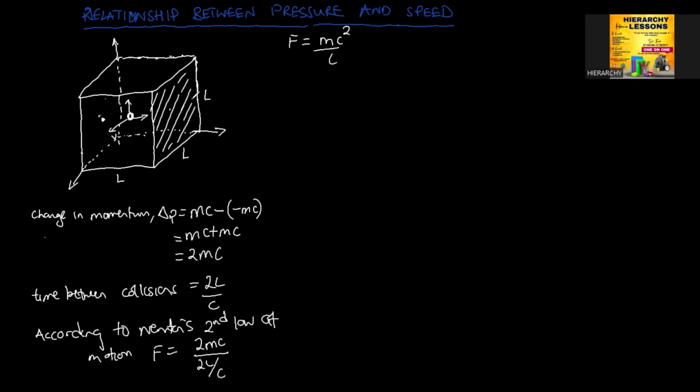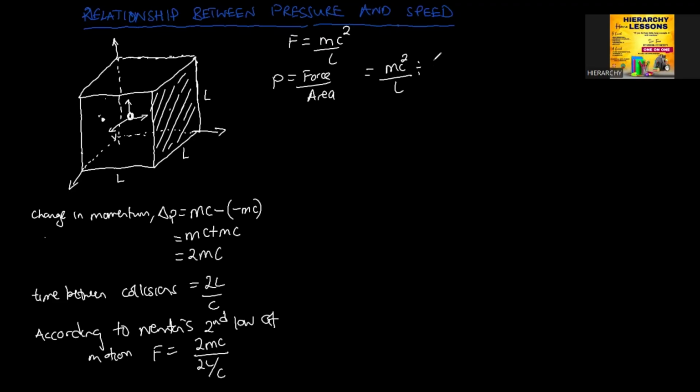Now I want to determine the pressure exerted. Pressure is equal to force over area. The force exerted is mc squared over L, divided by the area of this shaded face.